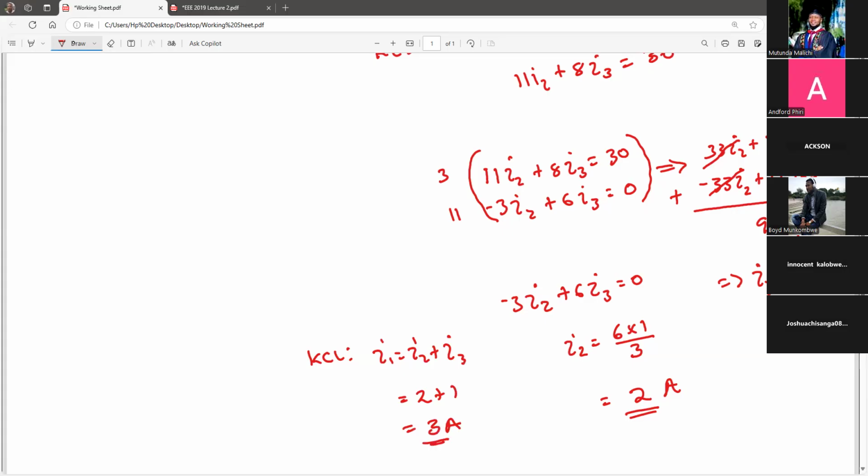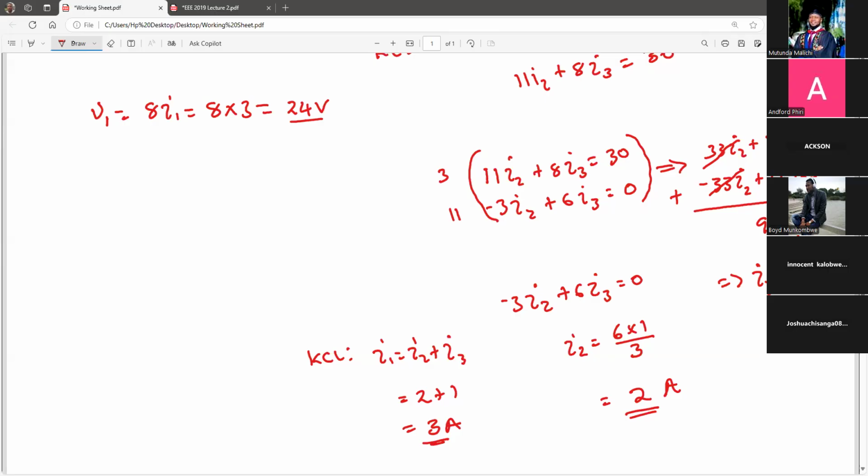And now that you have all the currents, I1, I2, I3, you can go back to your Ohm's law expressions to determine what those voltages are. V1 is equal to 8 multiplied by 3, which gives us 24 volts.